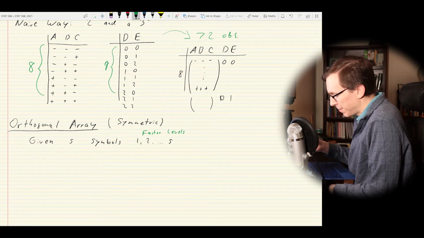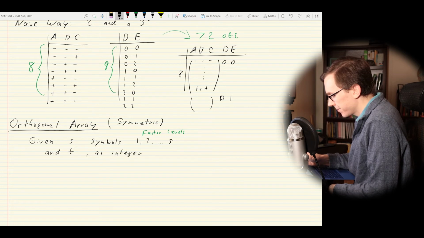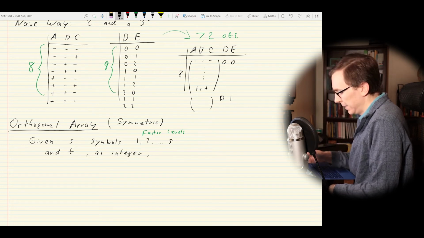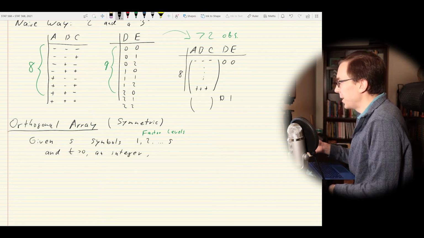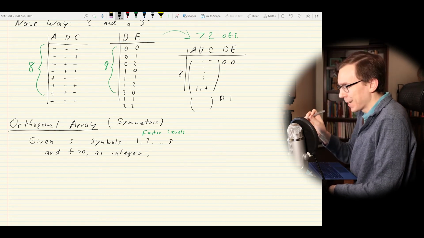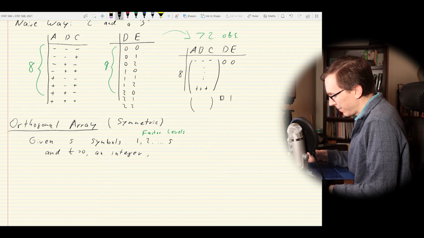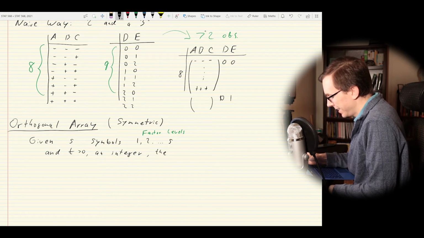Now, given S symbols, and T, an integer greater than 0, which is going to be the strength of the table. We haven't talked about that, but we'll get there.